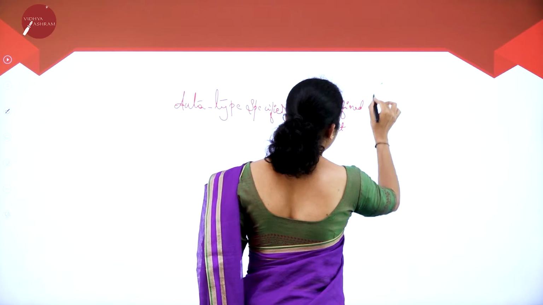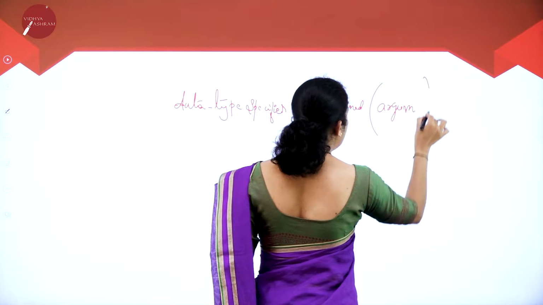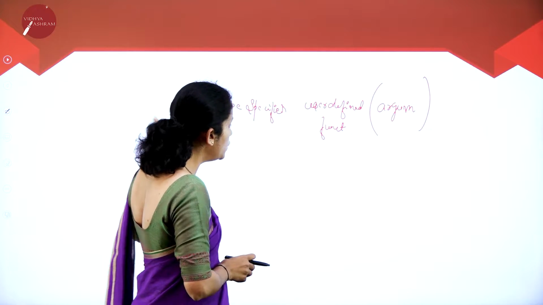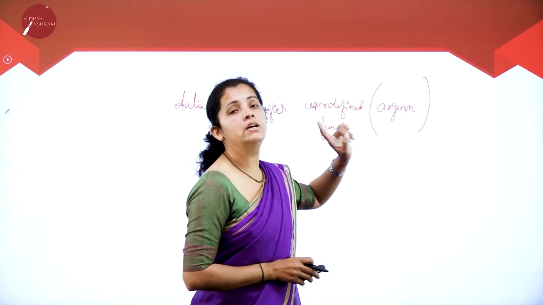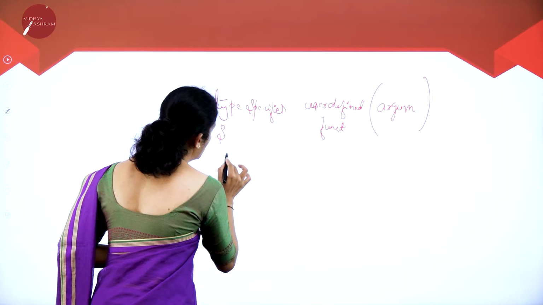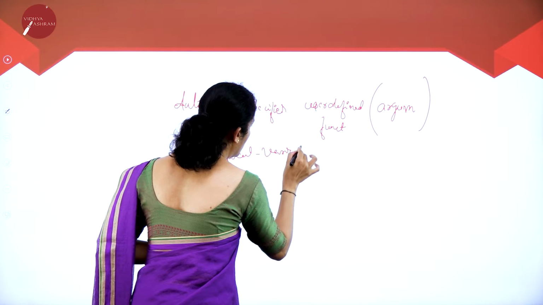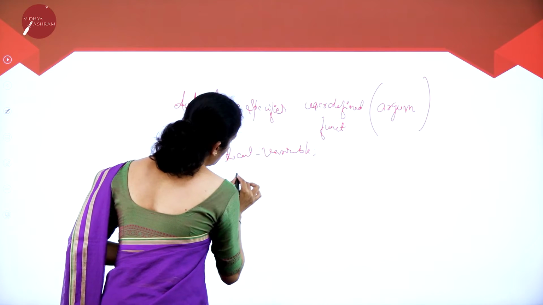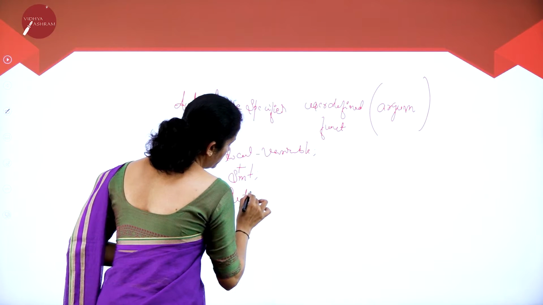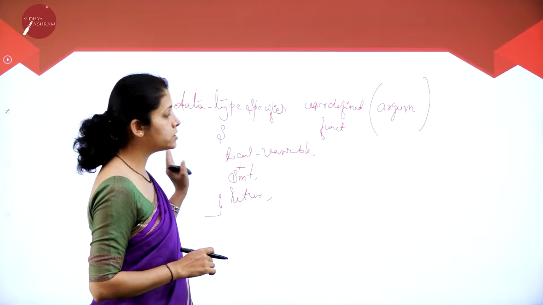Then I'm going to have the argument list. Dear student, remember one thing, there is no need to place the semicolon at the end of this statement. Now I'm going to have the local variable. Then I'm going to have the set of statements, then return type or return value. So this is all about the structure.